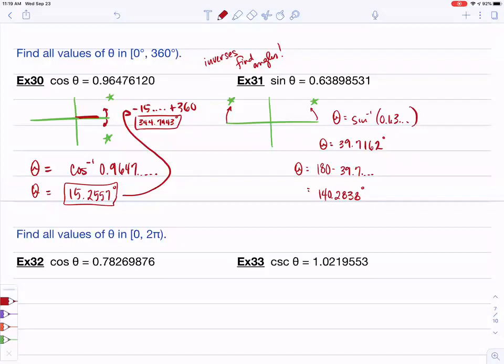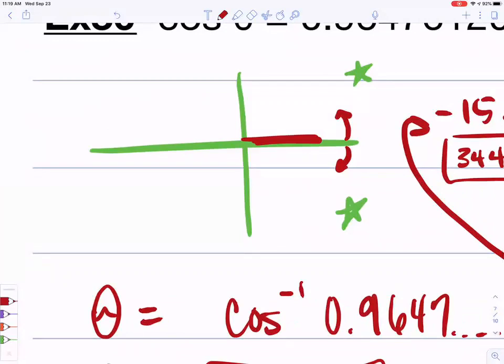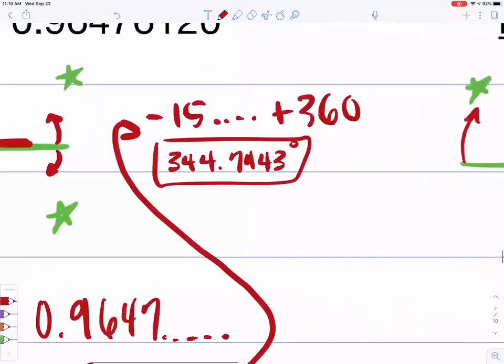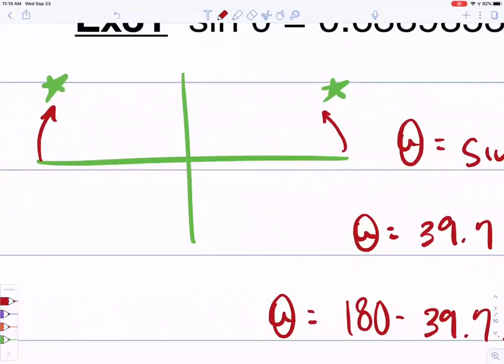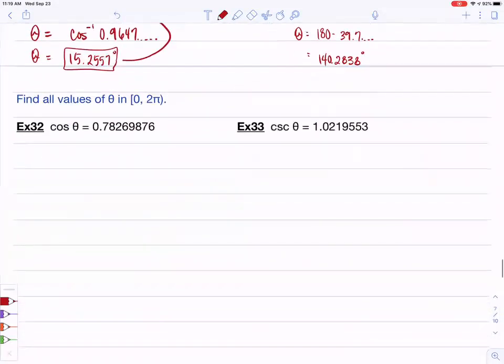So it's much easier, in my opinion, to come up with a visual plan. And when you're looking at your picture, you can tell, oh, there's 360, I gotta take away that. I gotta take 360 away from that first quadrant angle. Or, oh, this is just going up from 0 and also up from 180. So it's easier if you have a visual plan.